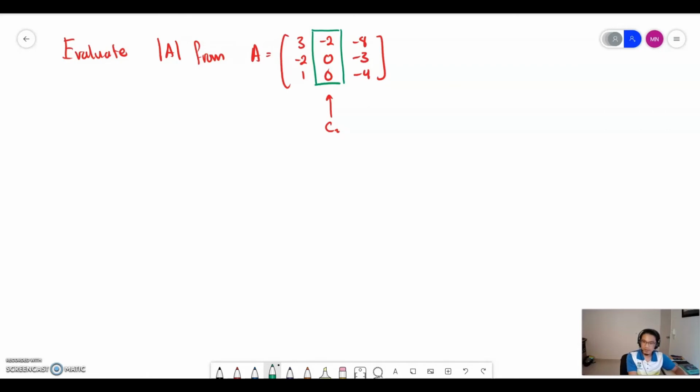To find the determinant, we still follow the formula for the determinant. Write it down like this to indicate the determinant.